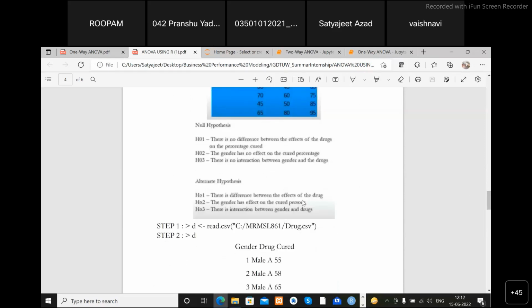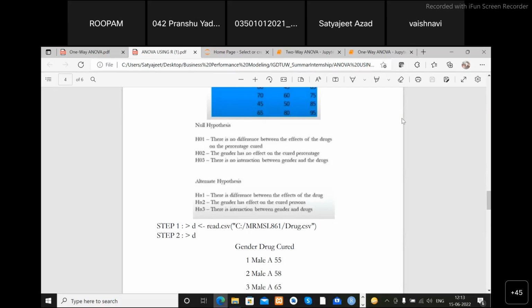There is a difference between the effects of drug, and there is an effect of gender on cure percentage. If it is male, there may be a higher percentage of cure. There is an interaction between gender and drug: if you select a particular gender and a particular drug, they have a higher cure percentage. This could be your alternate hypothesis.